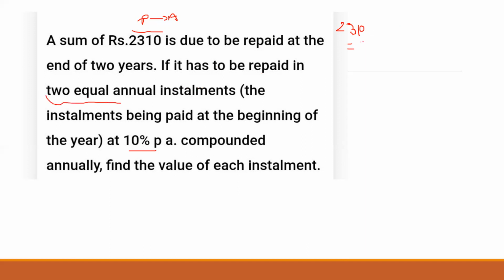Two installments means X, interest is this 1.1. Second installment will be just X. So X equal to 2310 divided by 2.1. This will be 1100. Let me check this. I guess यही होना. 1100. So done.